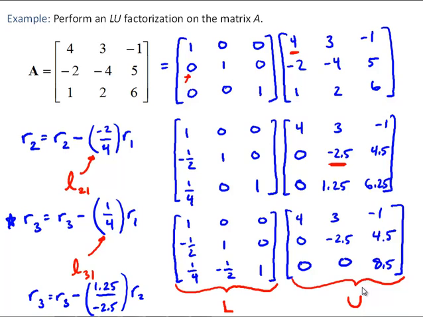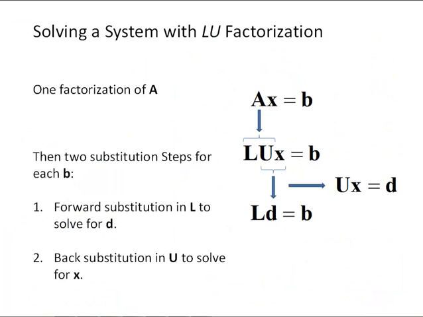So then let's look at how we would use this LU factorization to solve a linear system. So here's our linear system, AX equals B, and we'll do that one factorization of A, and again that's going to be n cubed, approximately n cubed operations.